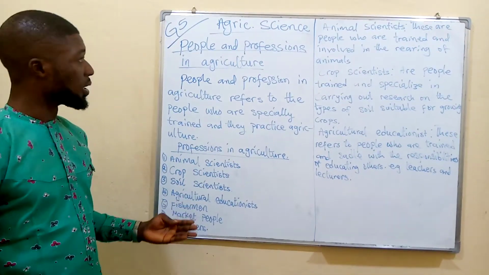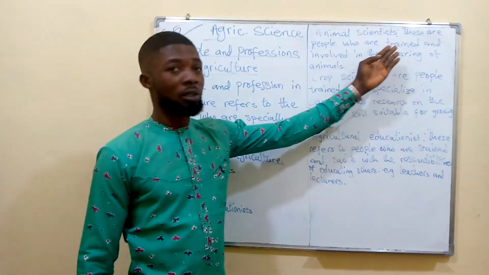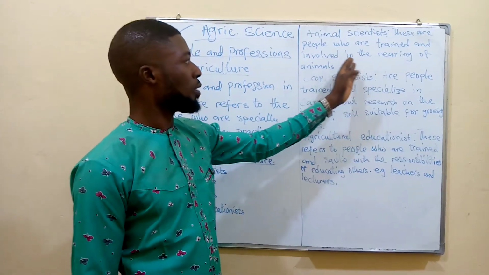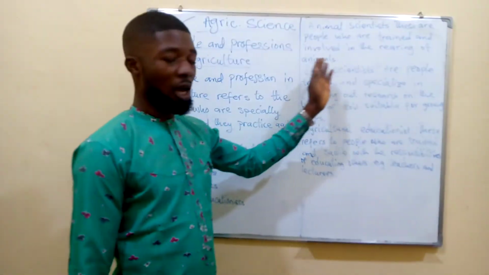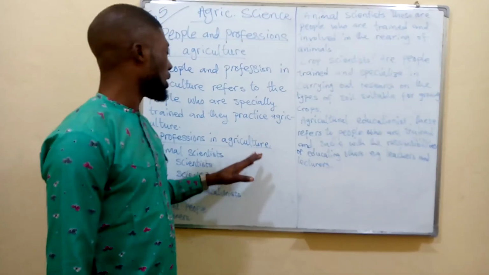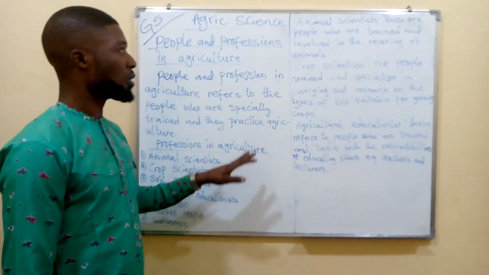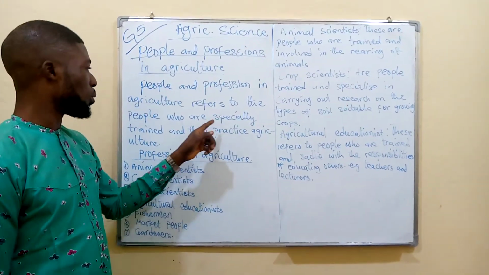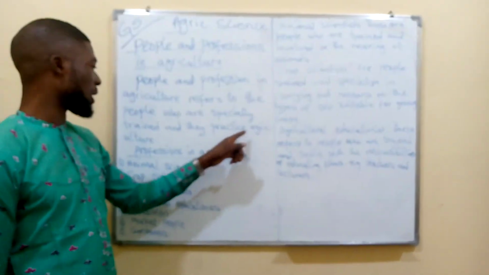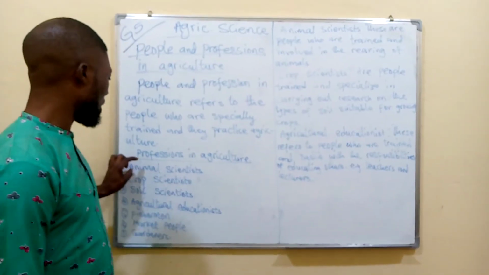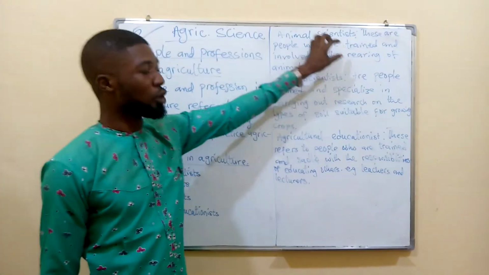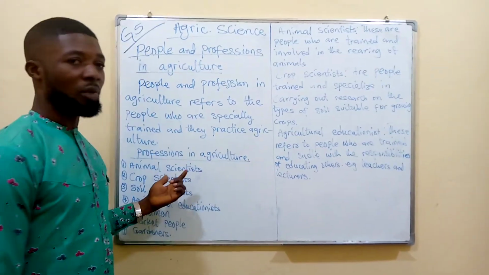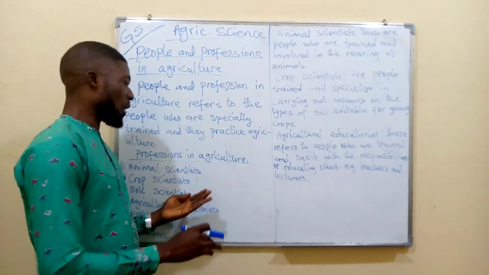As a way of explanation, animal scientists are people who are trained and involved in the rearing of animals, the different species of animals.